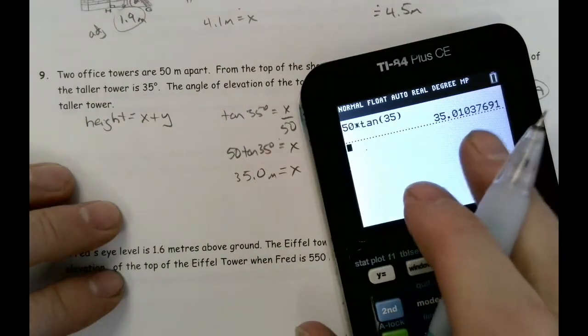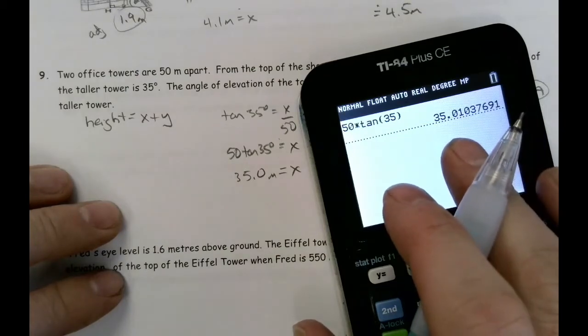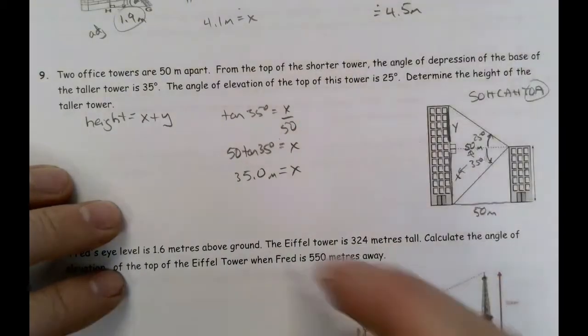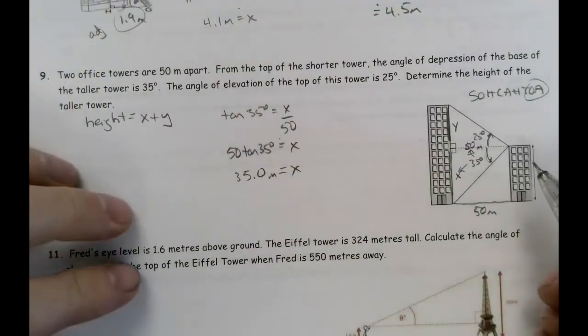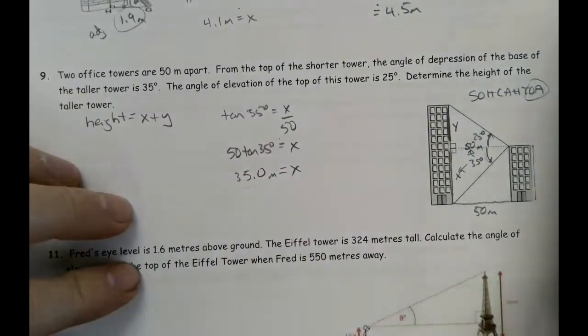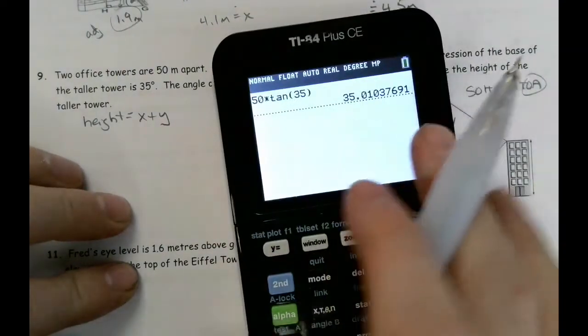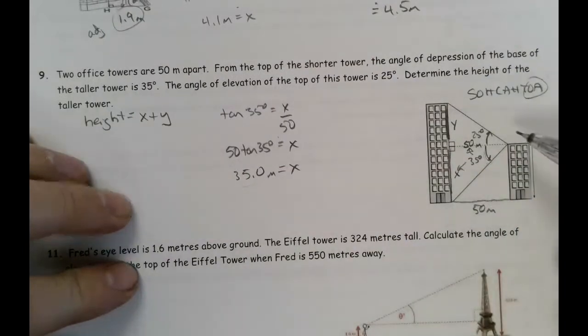I don't want to use the rounded version that I just came up with, because as soon as I start to do math with it and I've rounded it, there's a little error there that tends to get bigger. So I'm going to write it rounded to the nearest tenth, but I'm going to leave the number in my calculator.